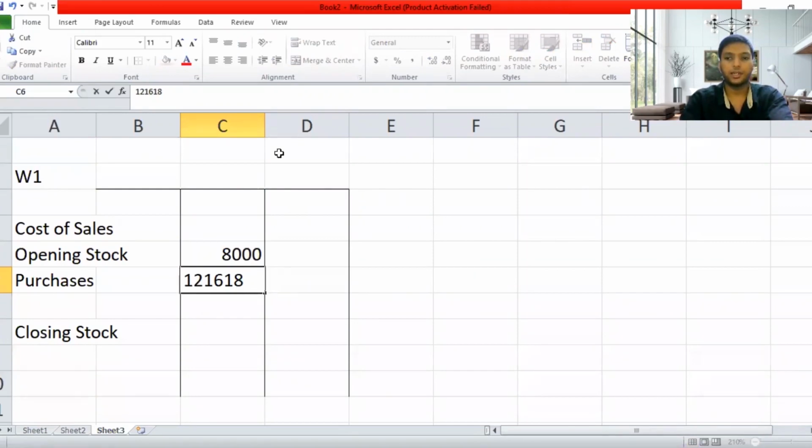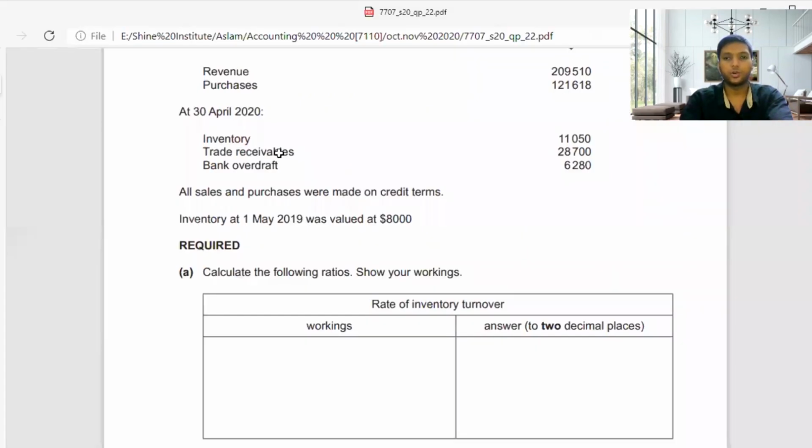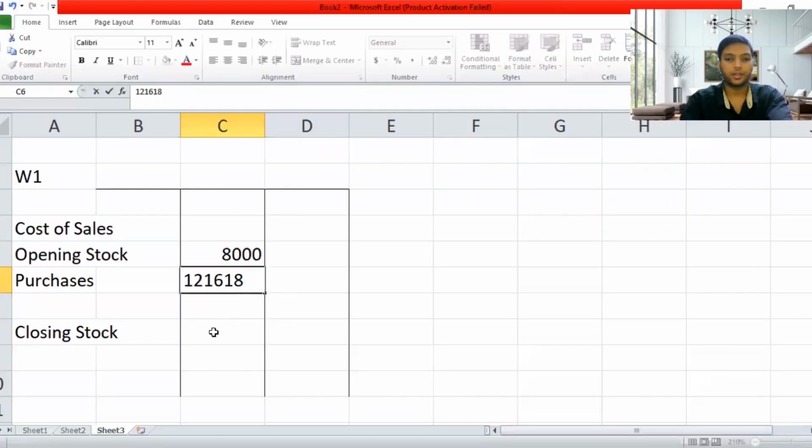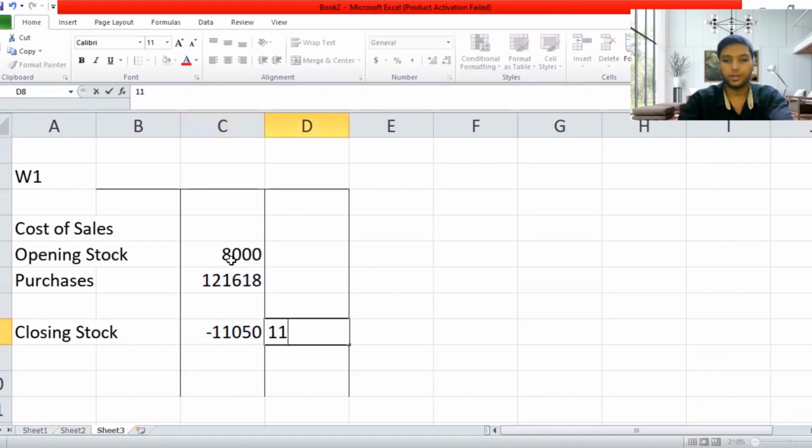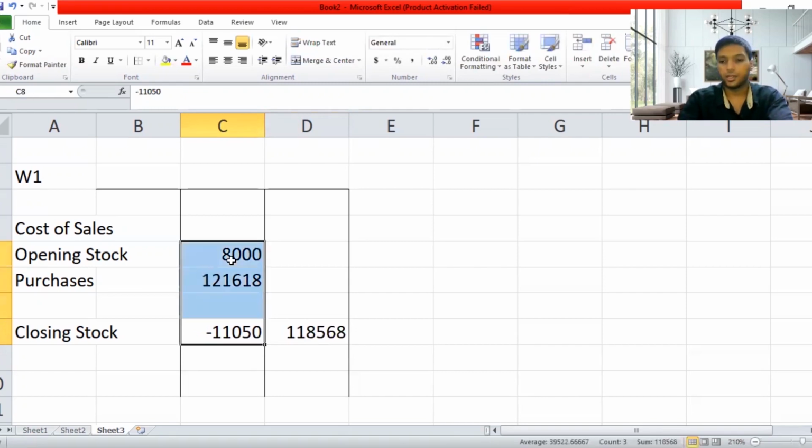Yes, and closing stock is 11,050, so minus that value. If I deduct, 8,000 plus 121,618 minus 11,050, I'm getting a value of 118,568. Let me check it. Yes, so this is the actual cost of sales I have found. I can move on to the question and easily get the answer.